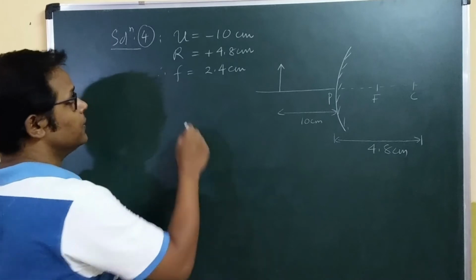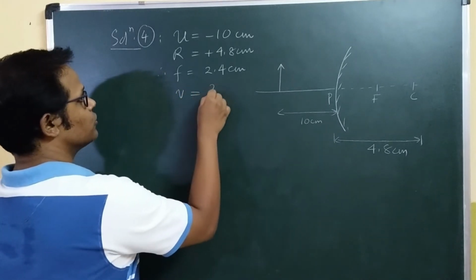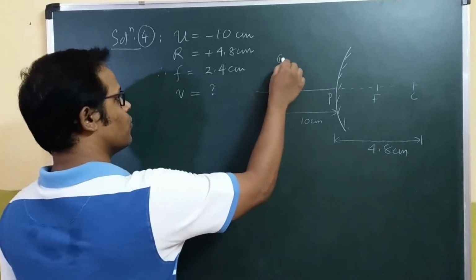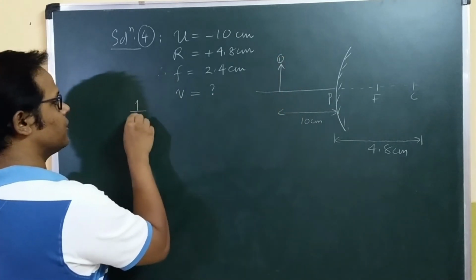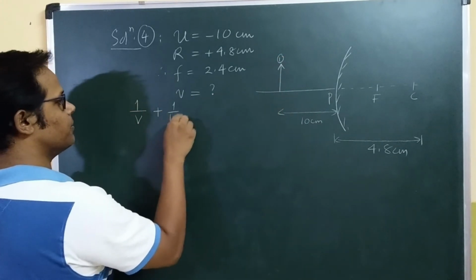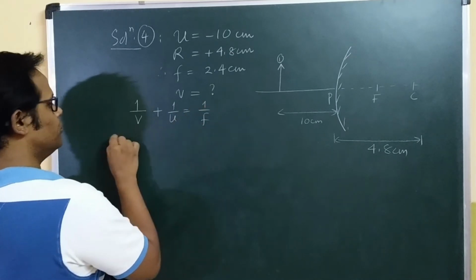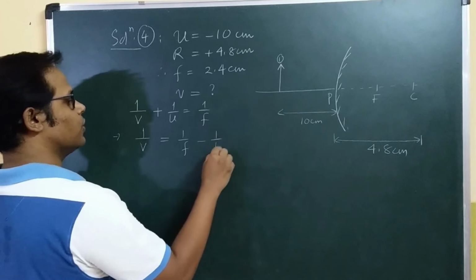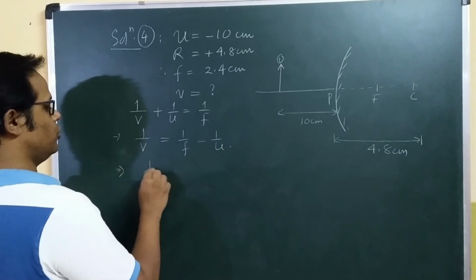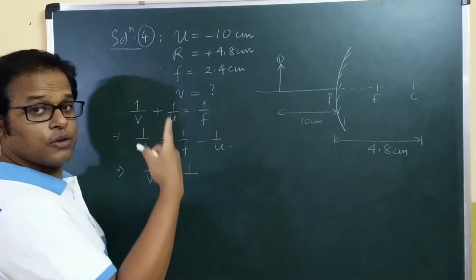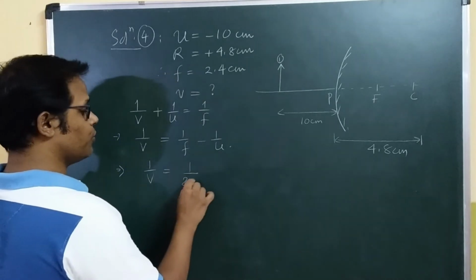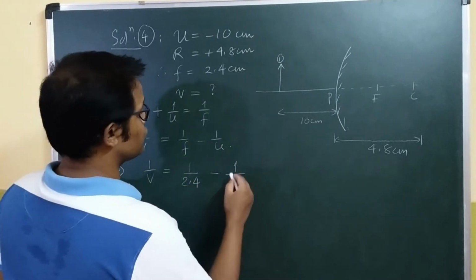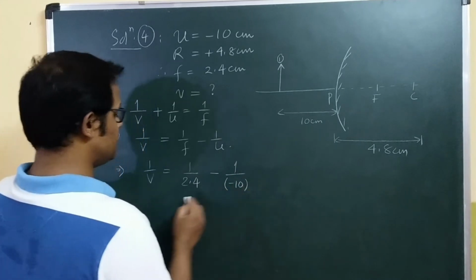Clear? Then you can first of all find out where the image is going to form in case 1. So you'll use the mirror formula, 1 by V plus 1 by U equals 1 by F. Put in your numbers correctly, 1 by V equals 1 by F minus 1 by U. So 1 by V is equal to 1 by 2.4 centimeters minus 1 by minus 10 centimeters.